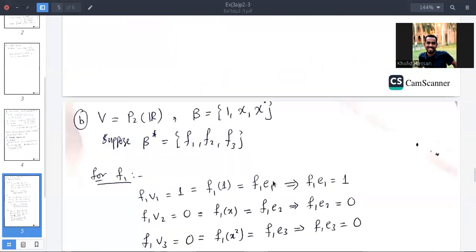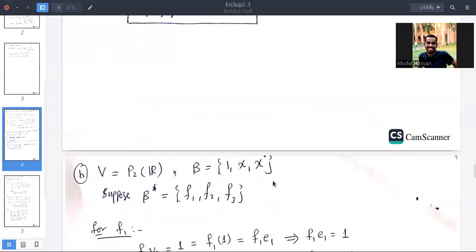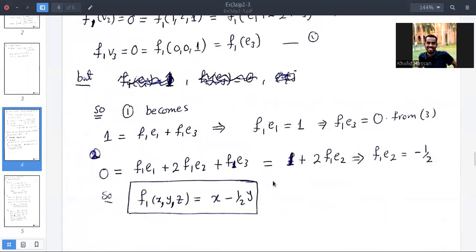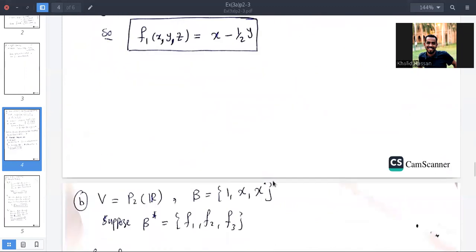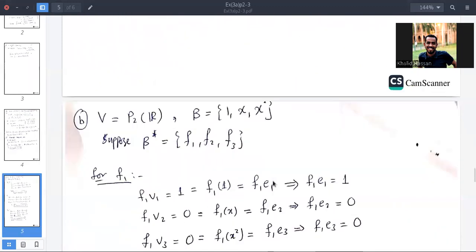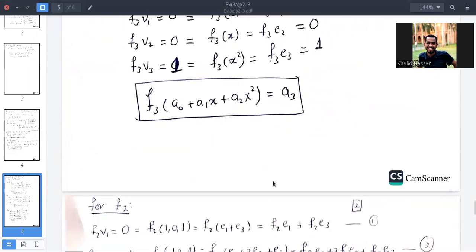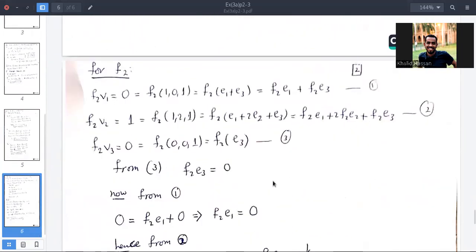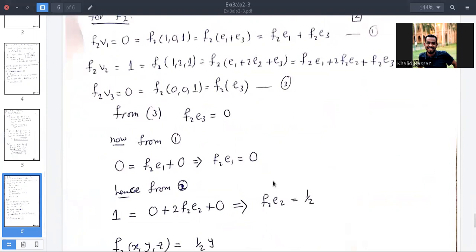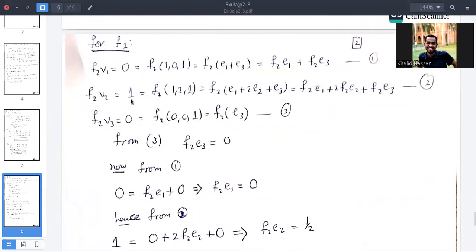Now let us look at f2. So for f2 we do the same.